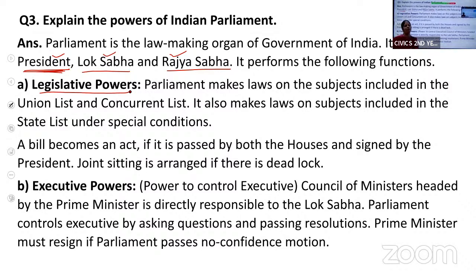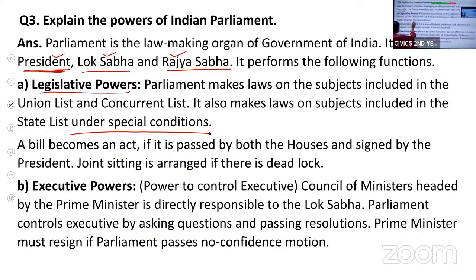In the event of a constitutional emergency in the state, the powers of the state legislature will be transferred to the Parliament. So, during the emergency situation, the Parliament will make laws on the subjects included in the state list. That is, under special conditions, Parliament will make laws on the subjects included in the state list.